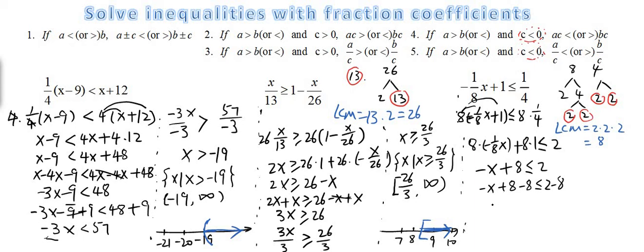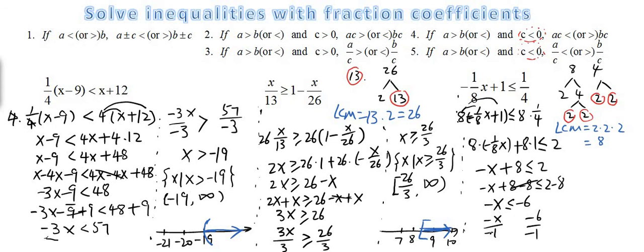Okay, so here is -x, here is -6. Now here we have -x, we wanted to divide by -1. Here is -6, we want to divide by -1 for both sides.